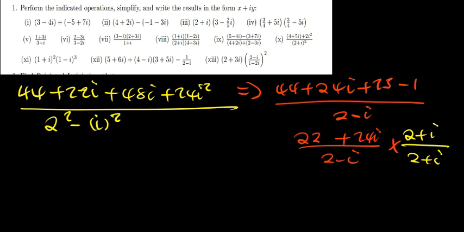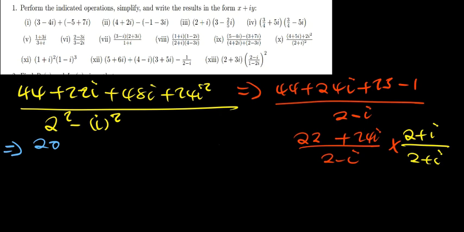So we'll now have 44. Now we know that this is going to be minus 24 because of that i squared, so it's going to be 44 minus 24. So what is 44 minus 24? That is 20, because 4 minus 4 is 0, 4 minus 2 is 2, so 20.